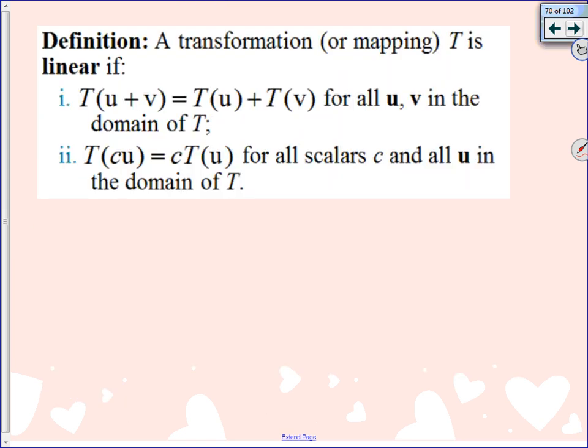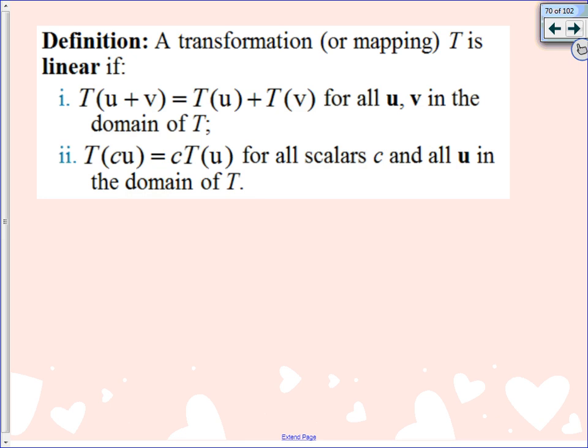Okay, so we need to define these transformations as whether they are linear or not. A linear transformation is defined if they are the following. The first is called closed under addition. The equation is just in math what it means.